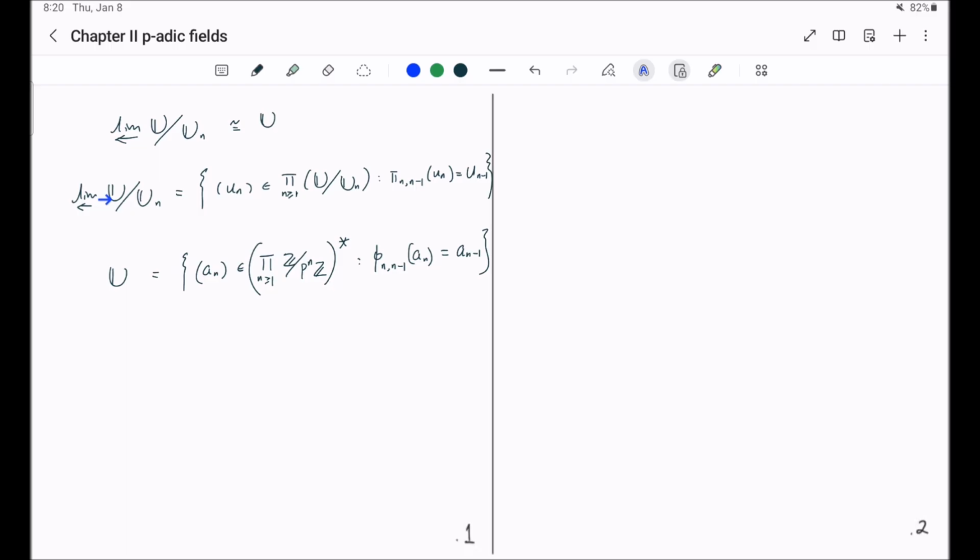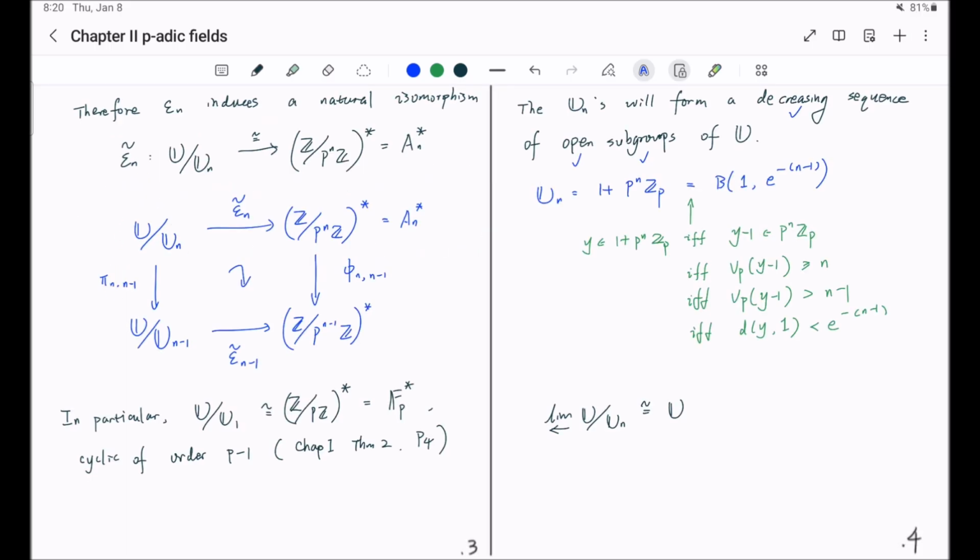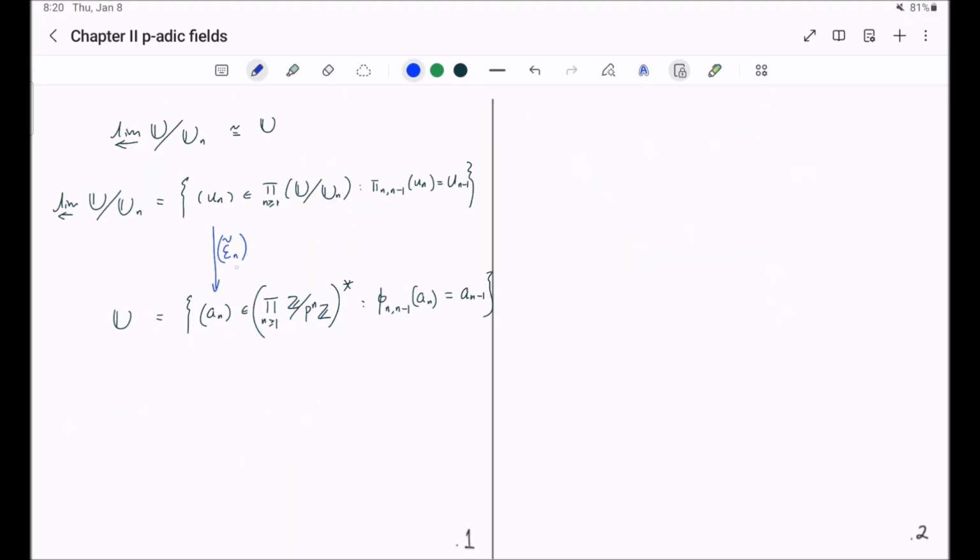And the isomorphism from here to here is precisely given by epsilon sub n tilde. This is the isomorphism on individual components. This is because we can rewrite the invertible element here as just the product of invertible elements for individual components.